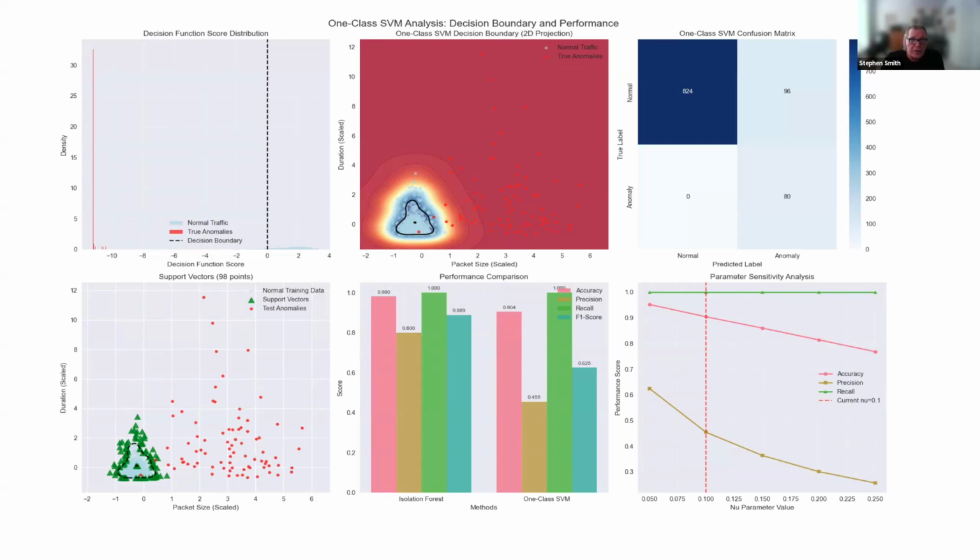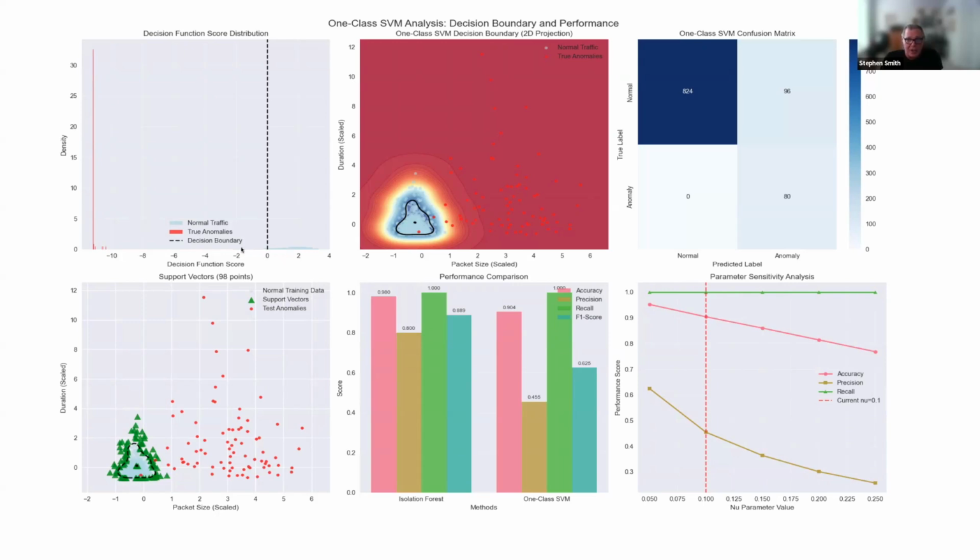So the decision function score distribution shows you where the decision boundary is for the anomaly. It's 0, that's the mean, right in the middle, and everything to the left of it is considered an anomaly.